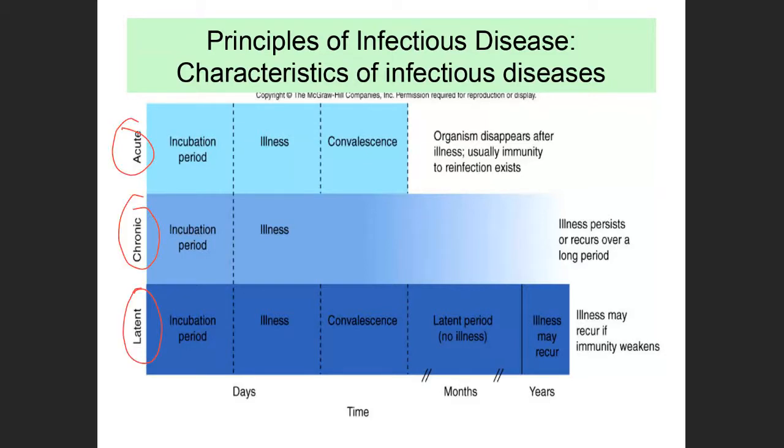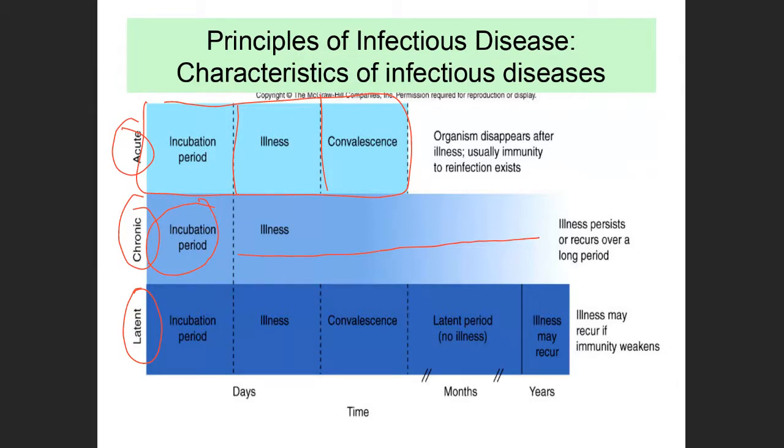An acute infection has all three stages pretty well delineated, one after the other. Versus a chronic one, which may have an incubation period, and then the illness is very, very long, and oftentimes there is no convalescence because the illness either never goes away, or is the cause of death of the patient.